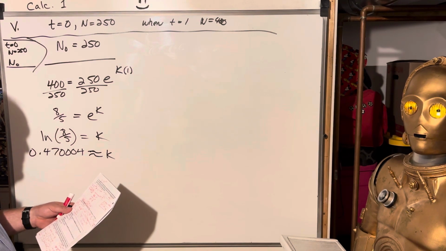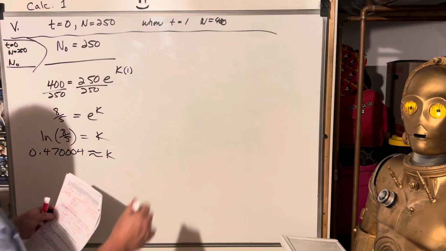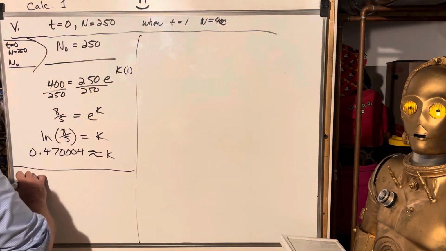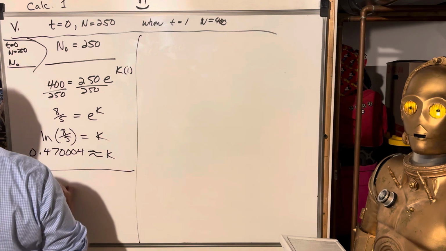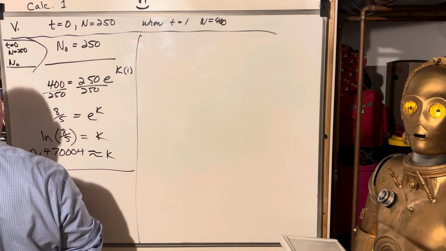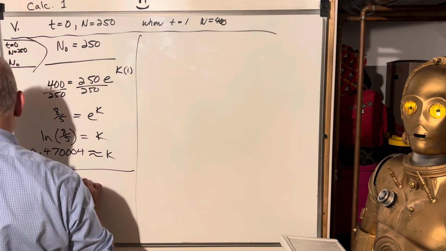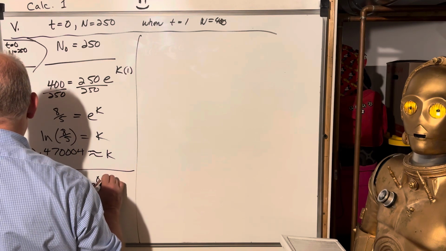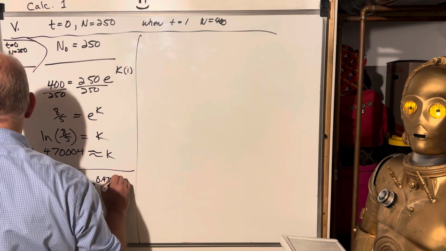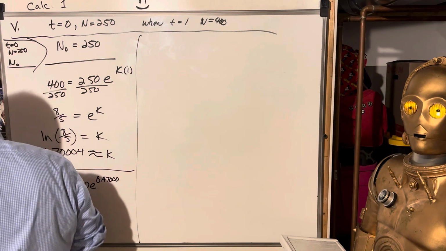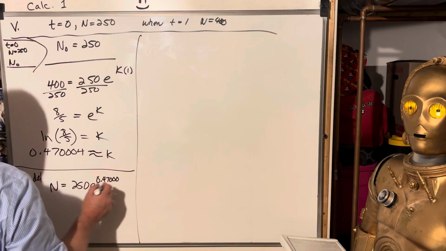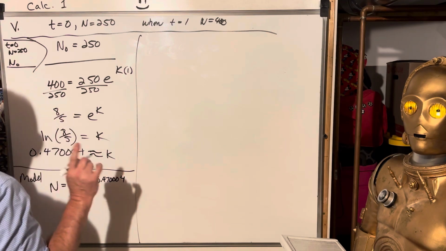And so what does my model look like? Let's set up my model. That is n is equal to 250e to the 0.470004, that is k, times t. How many zeros are there? 1, 2, 3. Yep, 3 zeros and a 4.